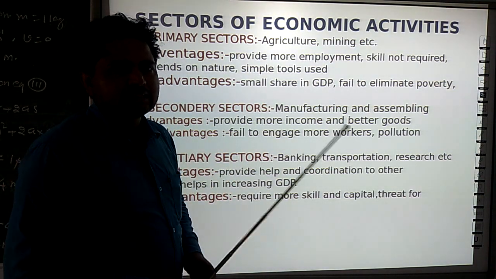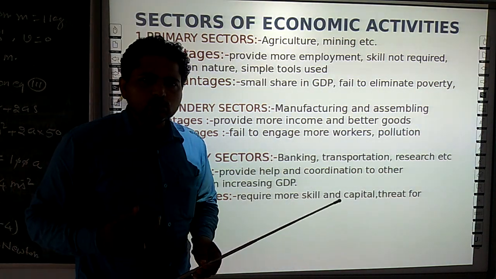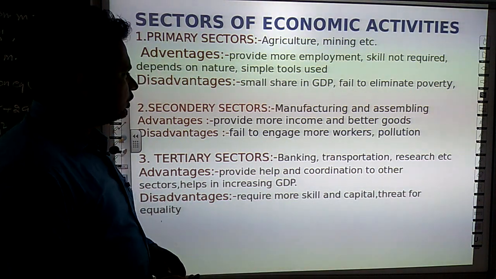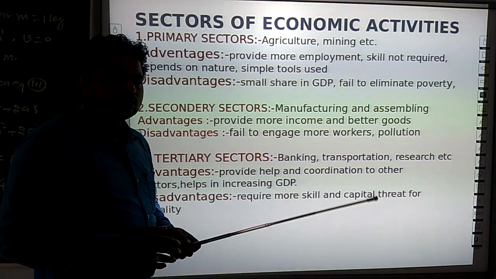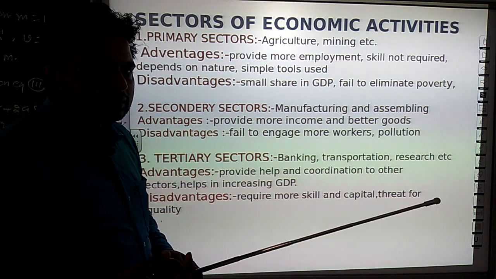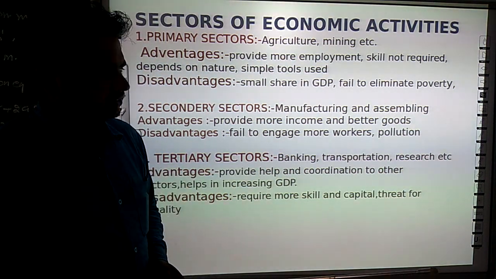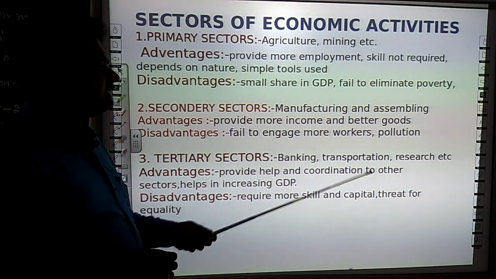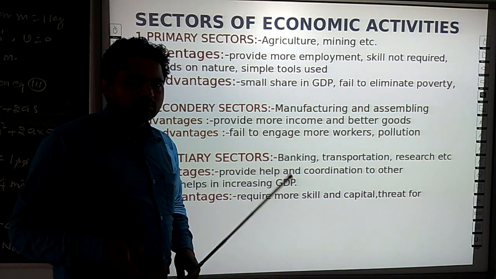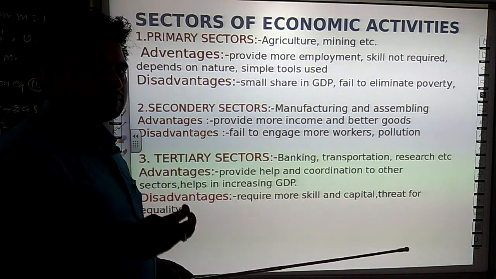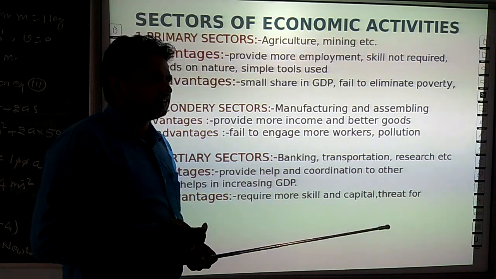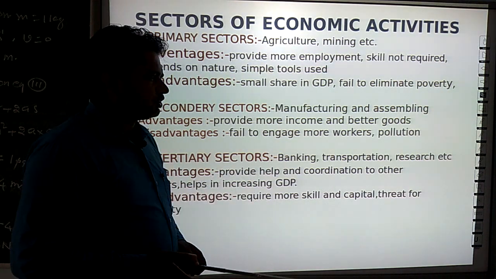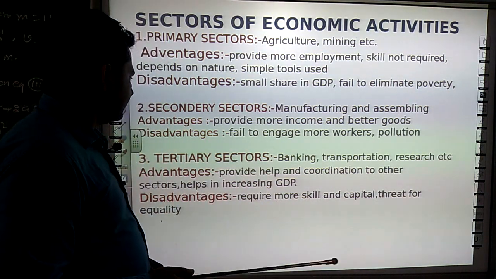All of the production activities are done with the use of modern or heavy machinery, due to which the work of too many persons can be done by a few persons. That's why most of the persons become unemployed. Even it creates different types of pollution: noise pollution, air pollution, land pollution, or even thermal pollution. All types of pollution can be seen here.